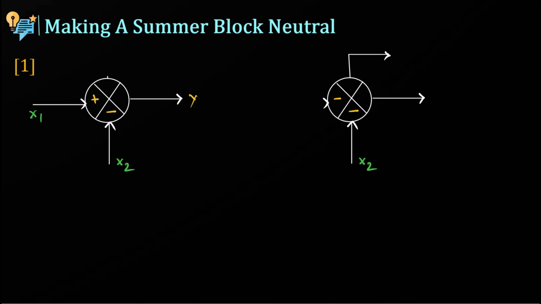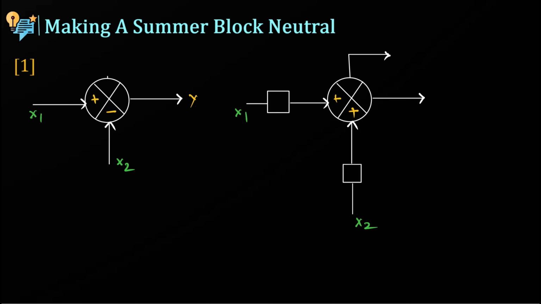I will make one box here and connect this one here, and another one here. Here I need to make both plus, where this one is my x2 and this is my x1.